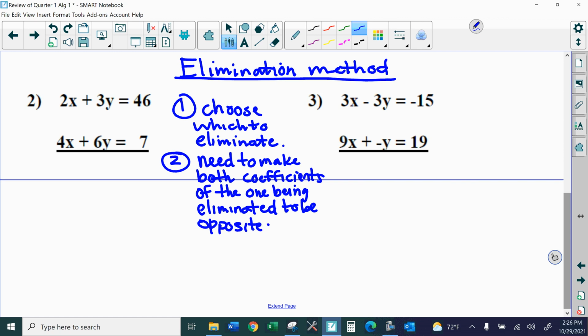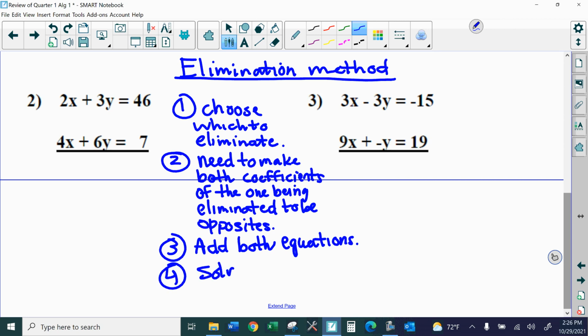We'll do these steps one at a time. Then add both equations together, which wipes out the one you're trying to eliminate. Then solve for the one variable left.